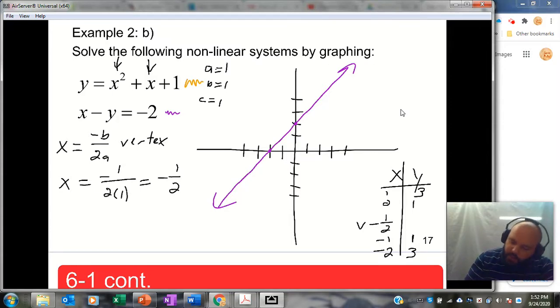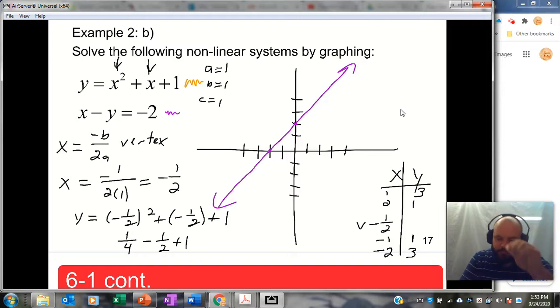Okay, now I am going to do the math for this one right here, for this negative 1/2, so you can see it. So it's going to be y equals, we have negative 1/2 squared plus negative 1/2 plus 1. So negative 1/2 squared is actually 1/4. And then we have minus 1/2 plus 1. I'm going to start by combining these two.